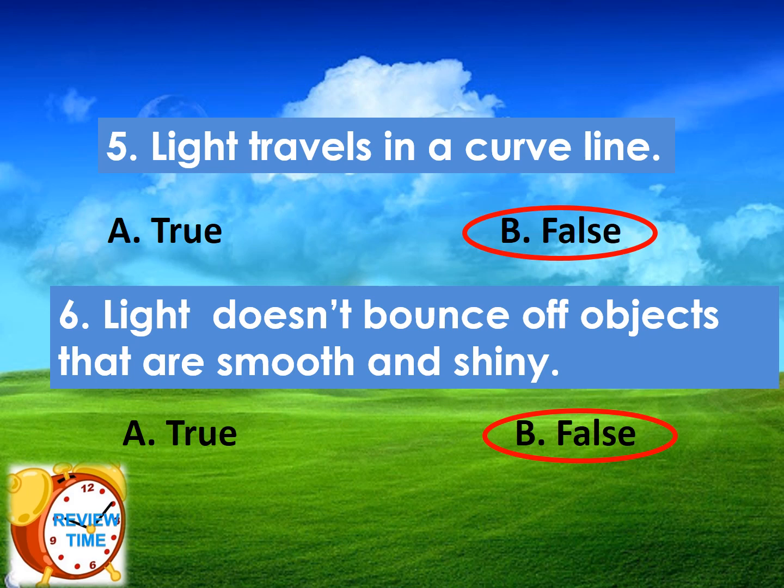The light will strike the mirror, and that same light will bounce off, go into our eyes. When it reaches our eyes, then we can see ourselves, or we can see our image. So the statement that light doesn't bounce off objects that are smooth and shiny is false.